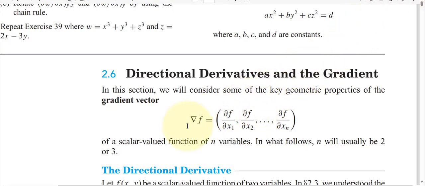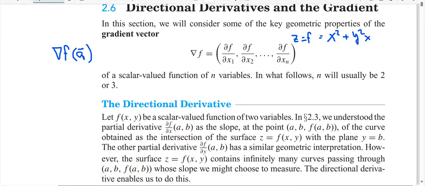What is the gradient? It's a vector of partial derivatives. I just want to point out that we can write the gradient evaluated at a particular point. In fact, we just did that. We did the gradient evaluated at the point 0, 0, at the origin. Suppose this is our function, x squared plus y squared x, so that's f or z.